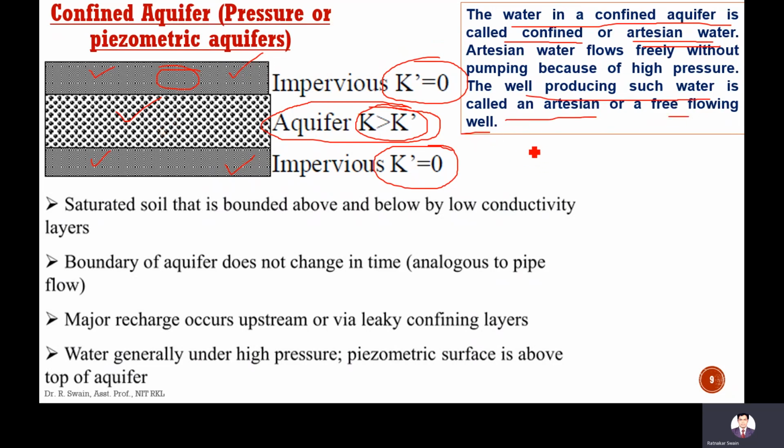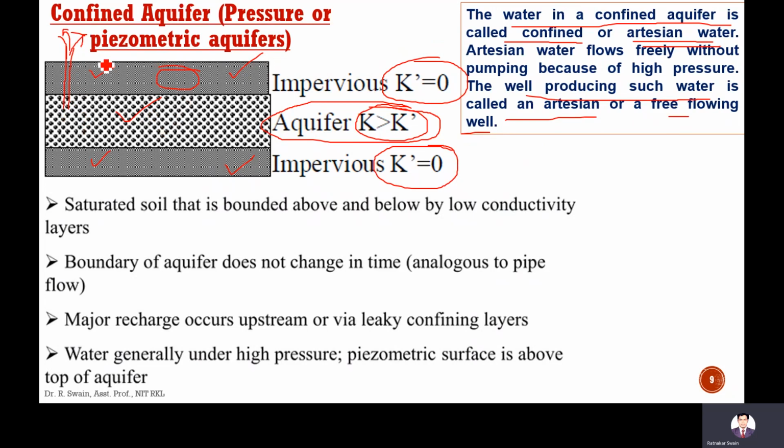All of you might have seen that in some places, if you just bore, like in a confined aquifer, then water will come easily without any effort, without any pumping. Water will automatically come to the surface.